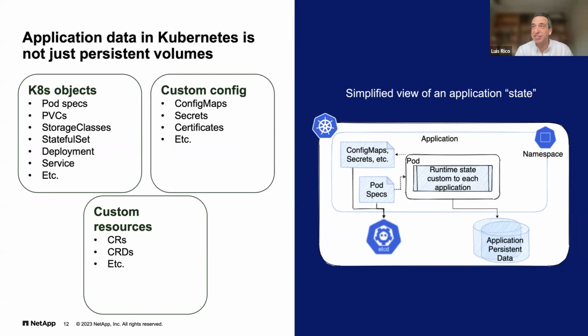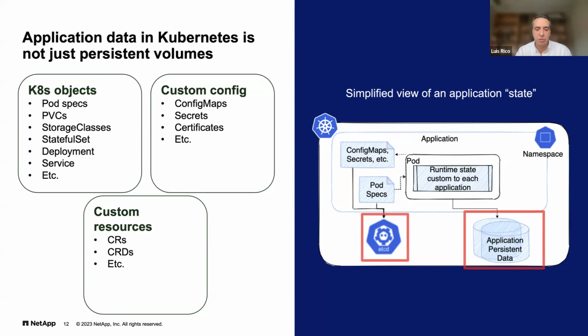And data protection is not easy, in the sense that we have on one side the data of the stateful applications in the persistent volumes, and also all the metadata, all the Kubernetes resources, these happy names that we have been learning during the years: the deployment, the config map, the custom resource definitions, the secrets, that are part of the application but are not in the persistent volume. They are stored in our happy guy etcd here, that is replicated, very well protected, but in different places.